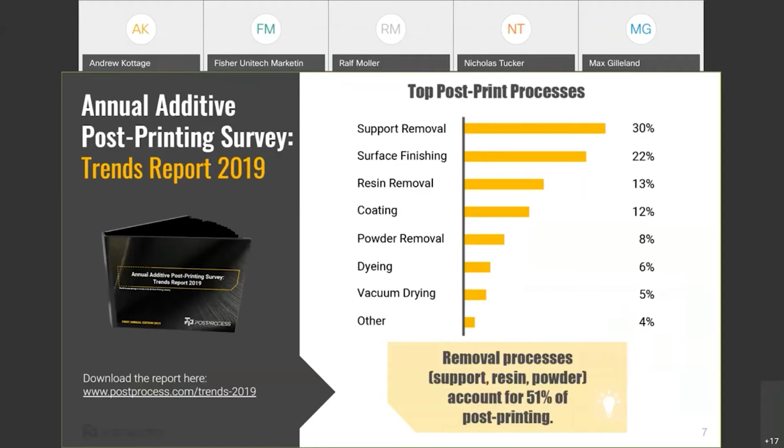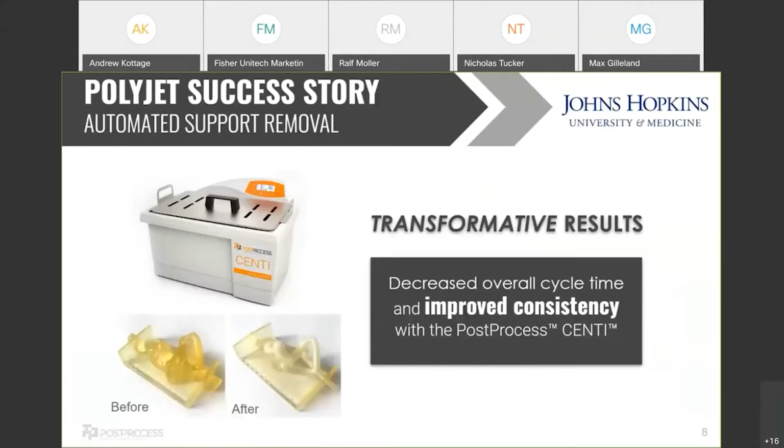So it's a problem that a lot of users are trying to solve, and a lot of people are also starting to have success. And one little story we wanted to share here was Johns Hopkins, who's of course a name you probably recognize, and they're in the medical space.